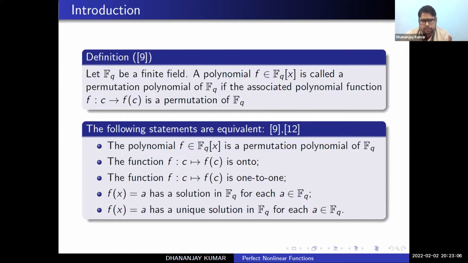The following conditions are equivalent for a function to be a permutation polynomial: if the function is onto, or it is one-one, or equivalently if f(x) equals a has a solution for every a in Fq, or f(x) equals a has a unique solution in Fq for every a. In any one of these cases the polynomial will be a permutation polynomial.